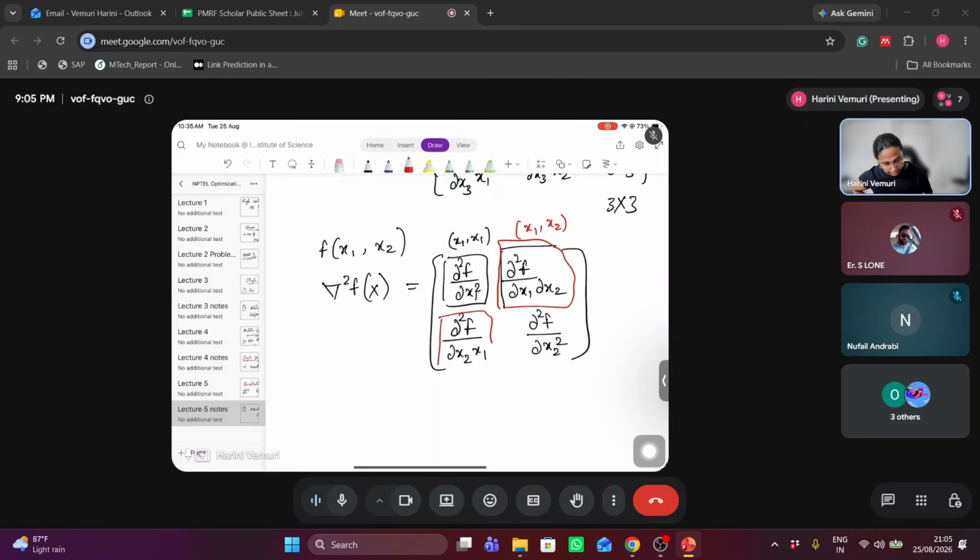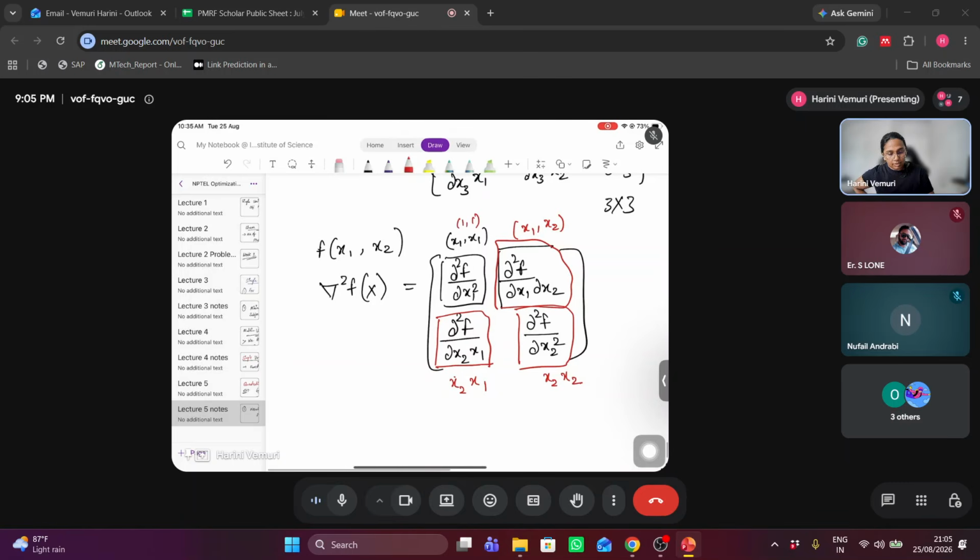And this term, first we will differentiate with respect to x2 and then with respect to x1. This one is x2 and x2. If you remember, this looks like the position, you see, 1 comma 1, 1 comma 2, 2 comma 1, 2 comma 2. That's how we represent the cell position in the matrix, right?